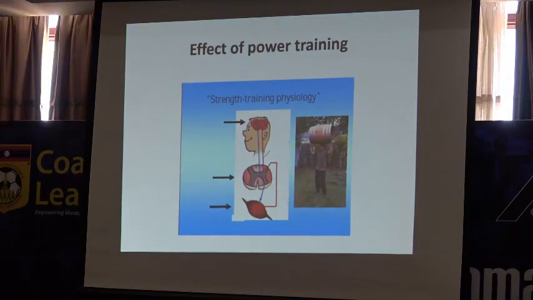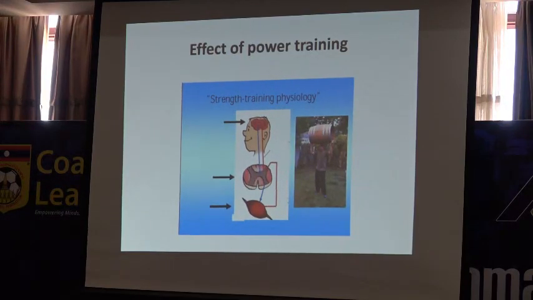And especially the part in the brain, or the central part of the adaptations to power training, are crucial. So you see from studies that have been scanning the brain that we can cause structural change in the brain by power training, especially with high resistance.